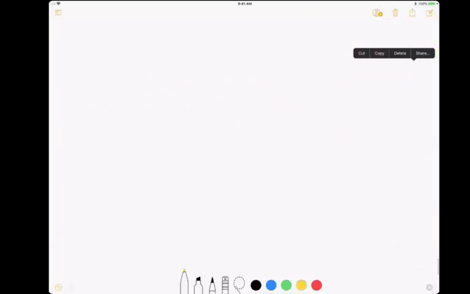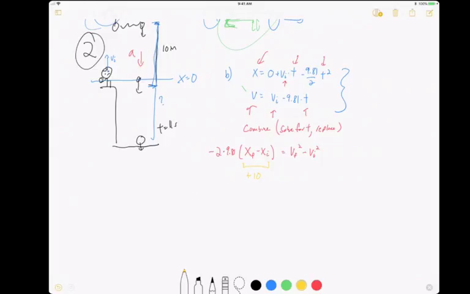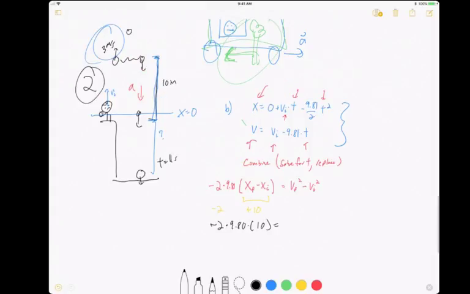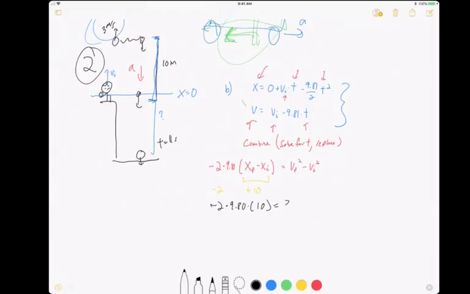So this is minus 2 times 9.81 times, you've gone up 10 meters. The speed after 10 meters is 3, and you don't know what the initial velocity squared is.